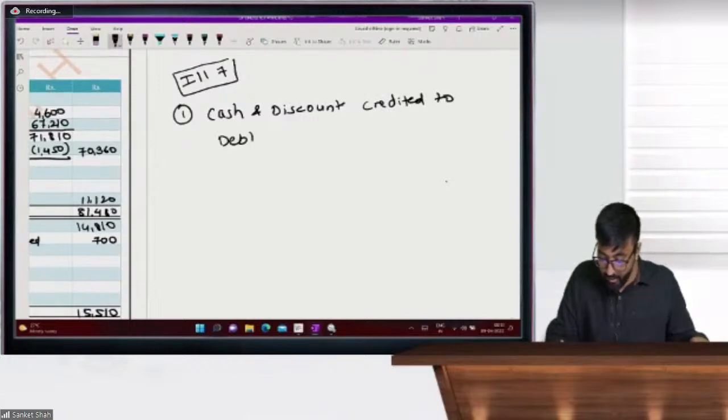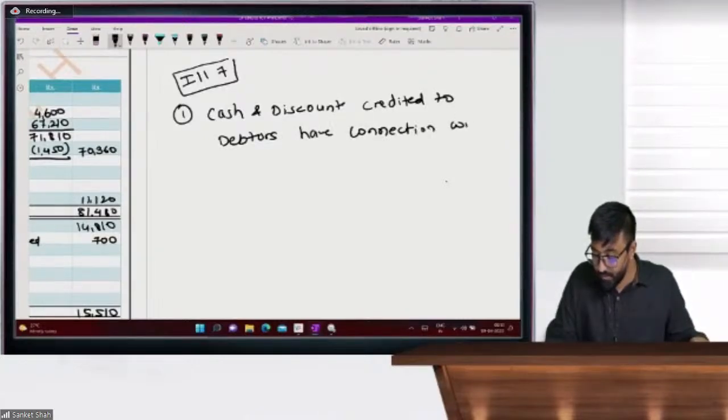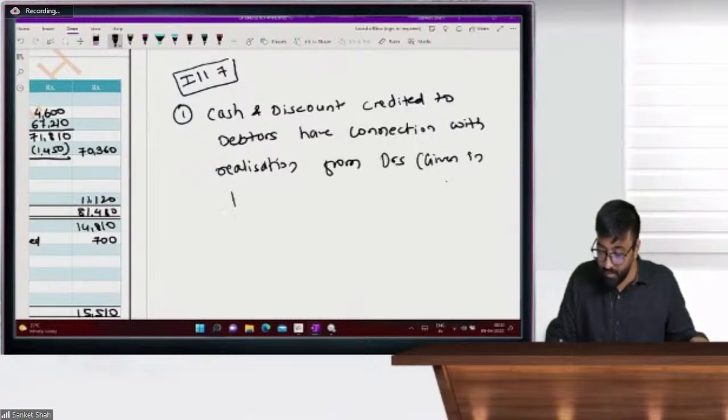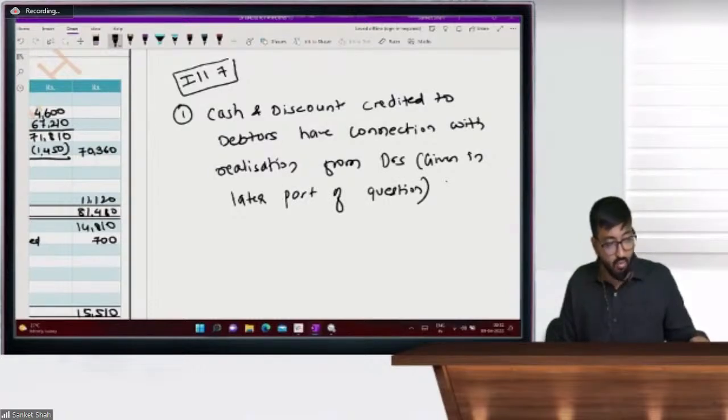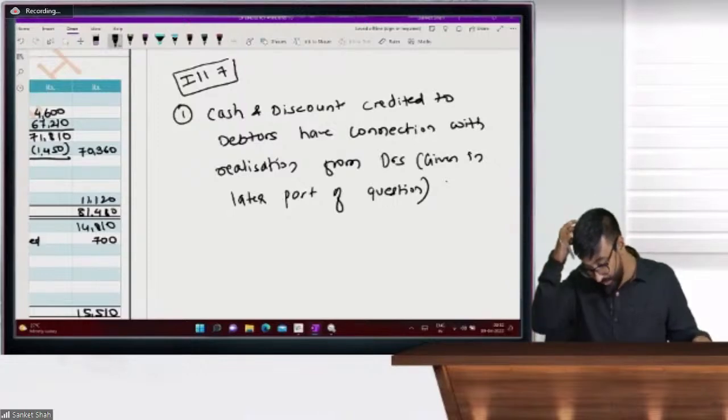Credited to debtors have connection with realization from debtors. Realization from debtors bracket में given in later part of question. क्वेश्चन के बाद वाले पार्ट में दिया हुआ है ब्रैकेट में, given in later part of question.